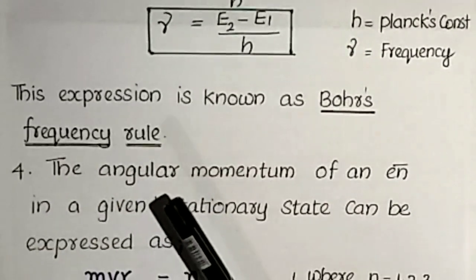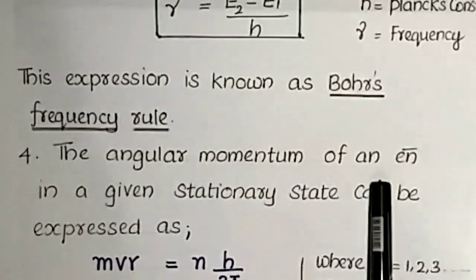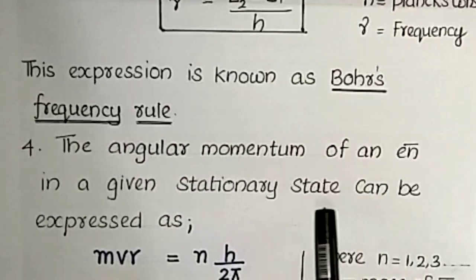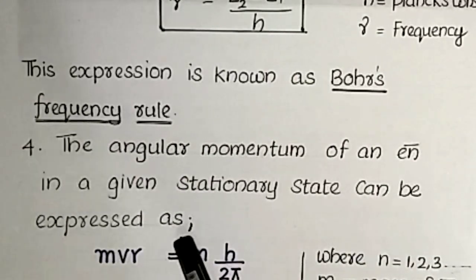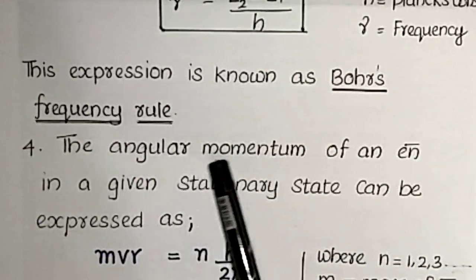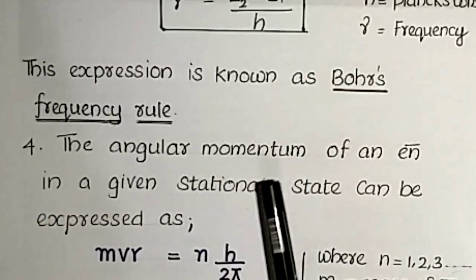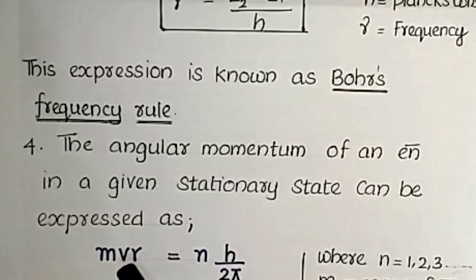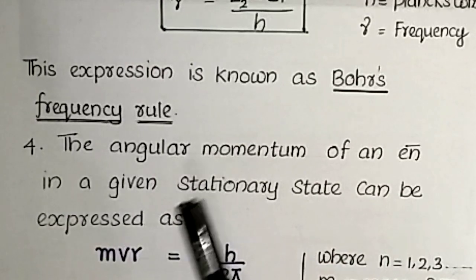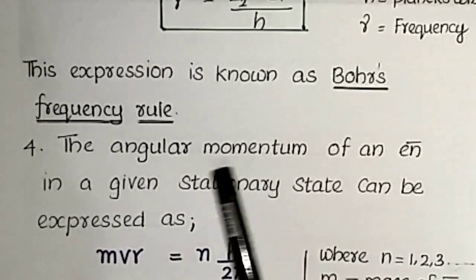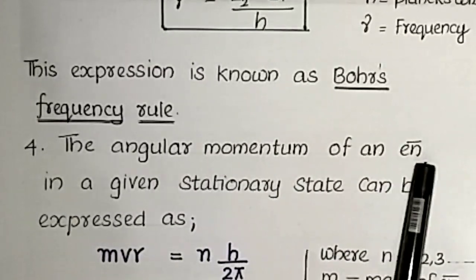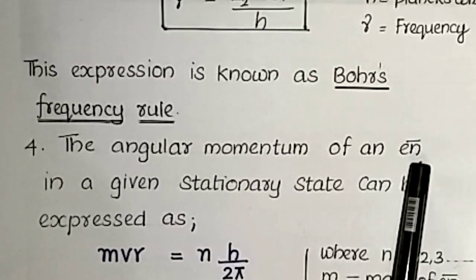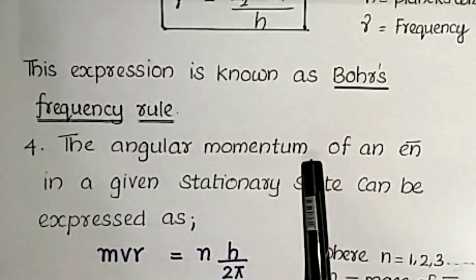Then the fourth point is the angular momentum of an electron in a given stationary state. The angular momentum can be found by the equation mass into velocity into the radius of the circular path. Because electrons are revolving around a circular path, they also have angular momentum.